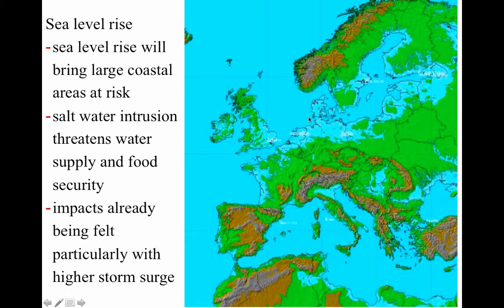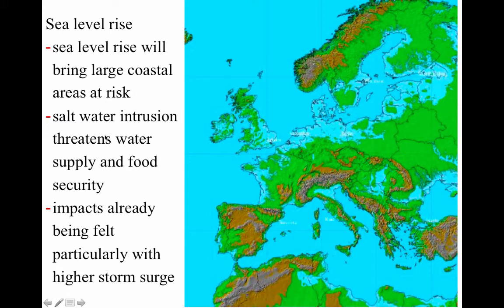You'll see entire countries like Denmark and the Netherlands would be completely flooded. A very large part of England, which is where most of the population of England lives, in the southern part near London, would wind up underwater. Huge amounts of Europe, and of course there are similar patterns in the United States. And the sea level rise will put large coastal areas at risk.